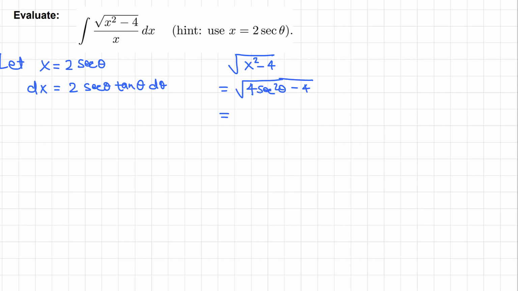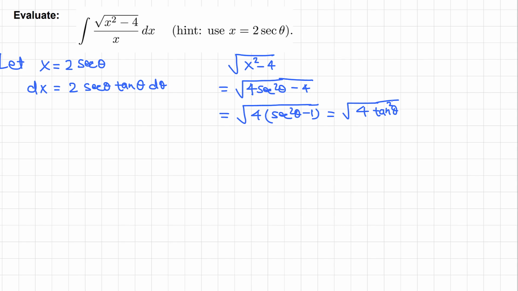Let's simplify. Inside this radical sign, we can factor 4 out. Secant squared theta minus 1. And that is the square root of 4 times secant squared theta minus 1, which is a trig identity. That's tangent squared theta.